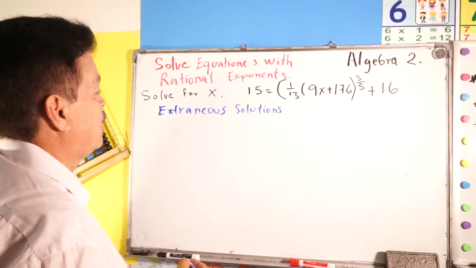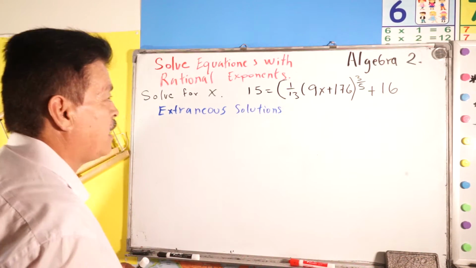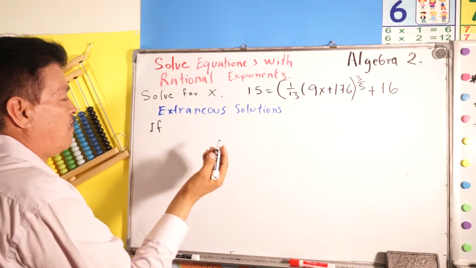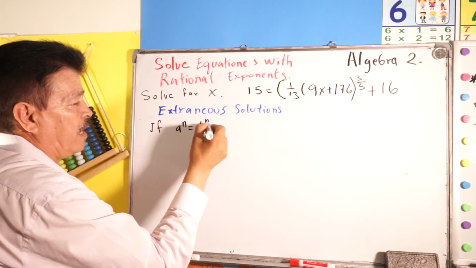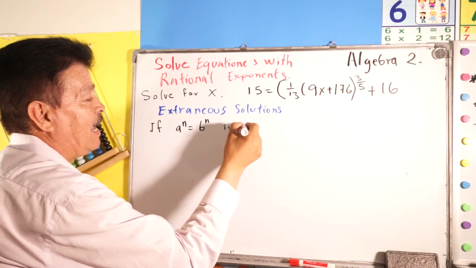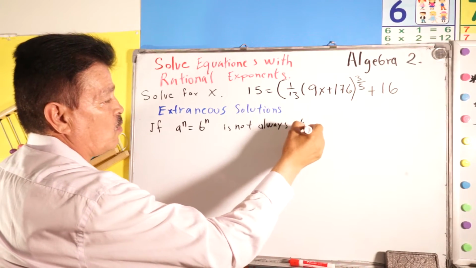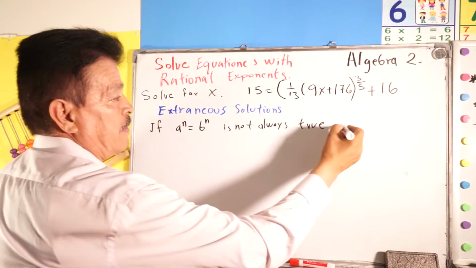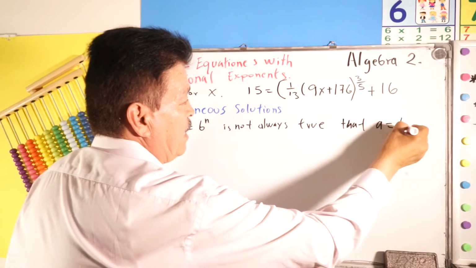So what is this extraneous solution? What I mean is, for instance, if a to the n power equals b to the n power, it isn't always true that a equals b.